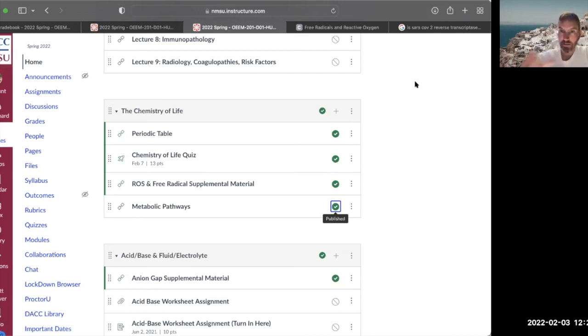So the chemistry of life quiz is really going to be more about what are cations and anions, and what's the difference between a covalent and an ionic bond, or what's a metallic bond. So it'd be real basic questions, not super complex, not super detailed, just to make sure that you have a basic understanding of things.